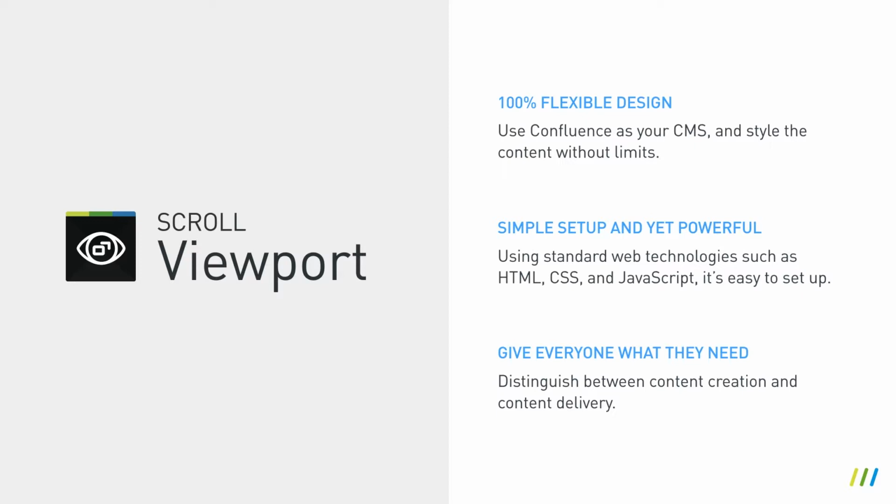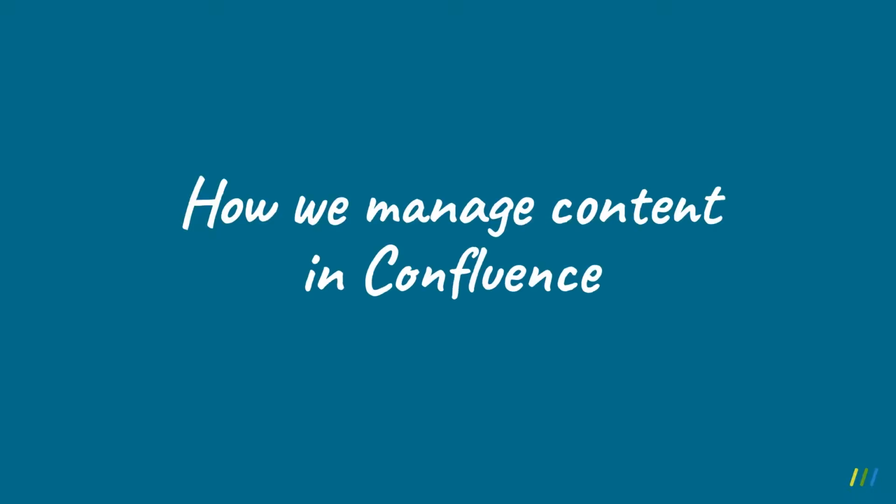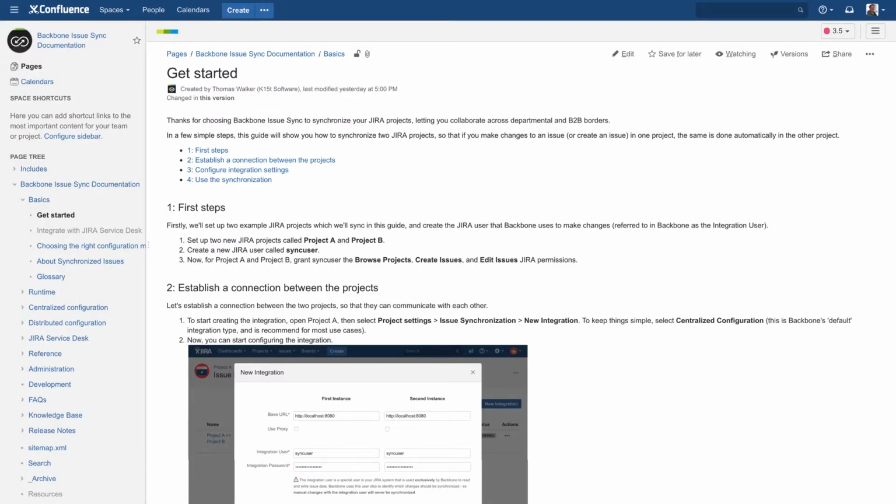Okay, so far we saw how we present the content to our readers. Now let's have a look at how we actually manage the content. How do we manage the content in the backend? So going back to our example page, the Get Started page for Backbone, those of you who are familiar with Confluence might have seen some minor changes or new buttons here.